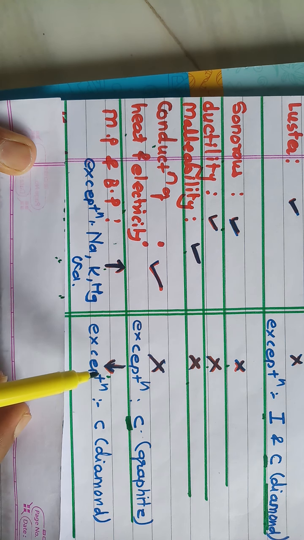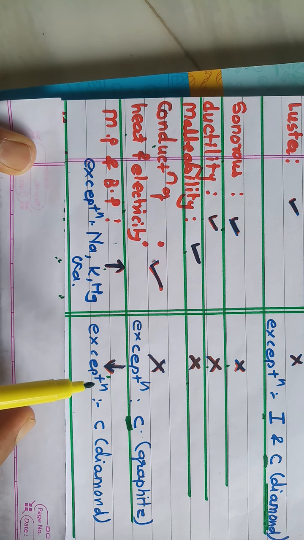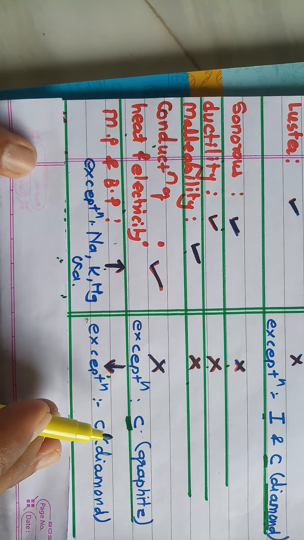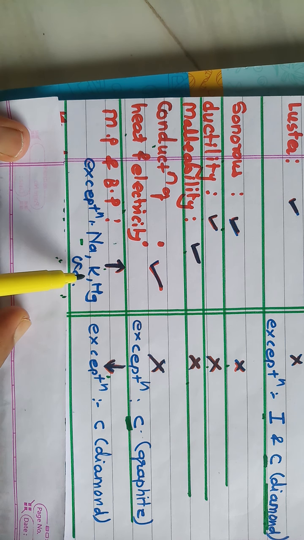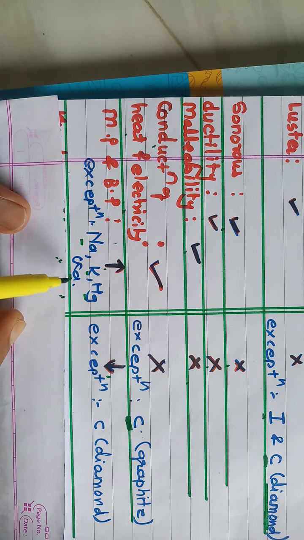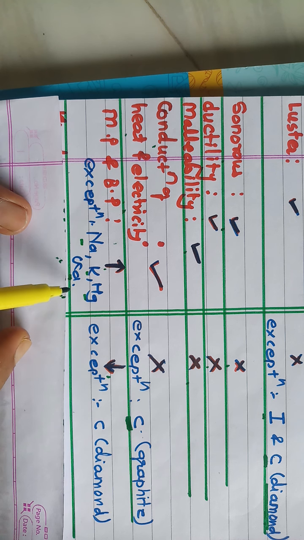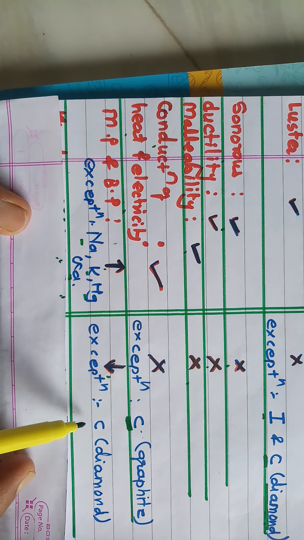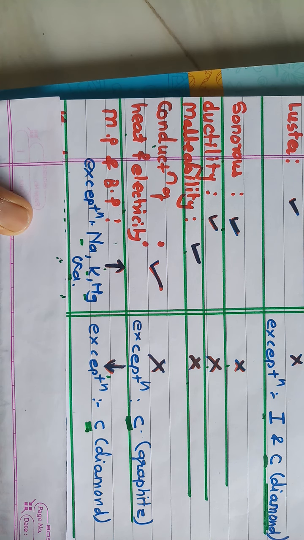This downward arrow shows that non-metals have low melting and boiling points. In metals we have exceptional cases: sodium, potassium, mercury and gallium. Though they are metals, they are soft metals, so they have low melting and boiling points, whereas diamond, a form of carbon, an allotrope of carbon, is extremely hard, so it has high melting and boiling points.